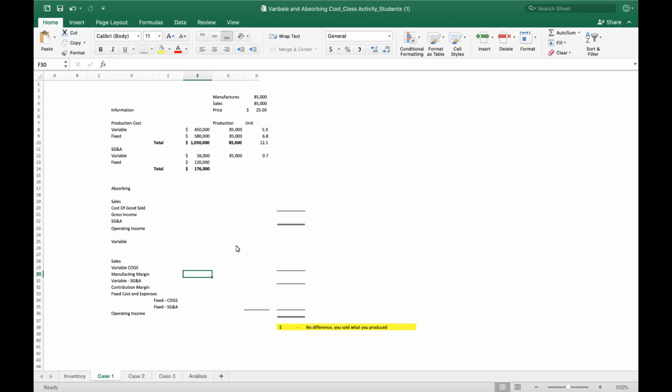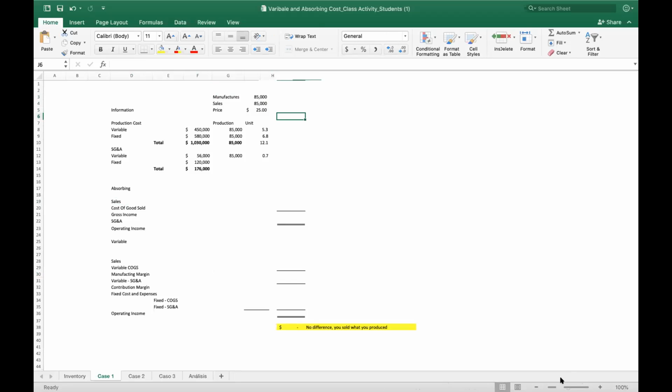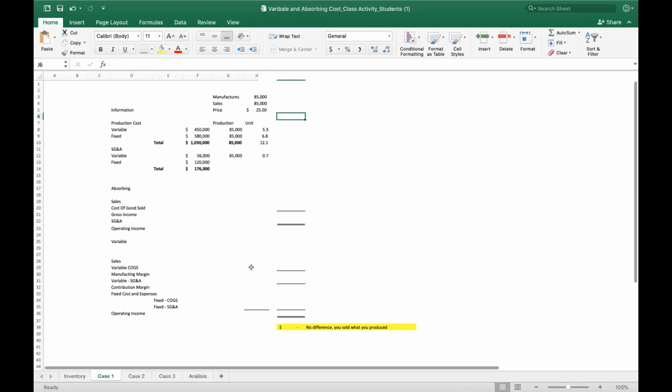But is that with information from the raw case or what? I don't understand. You need to read it with the information at the top. It says information there, you see? Wait a second. Why are you working on case 1? Oh, we thought that was the one. But teacher, this is the document for today.